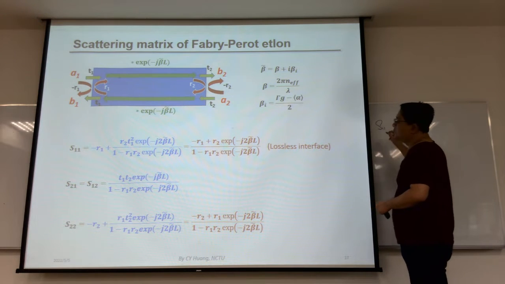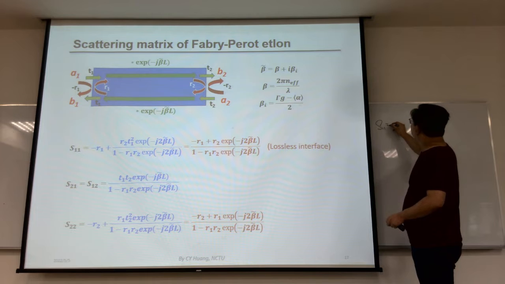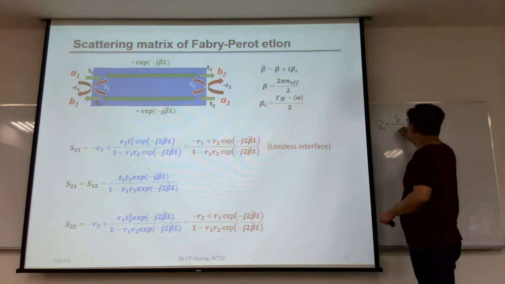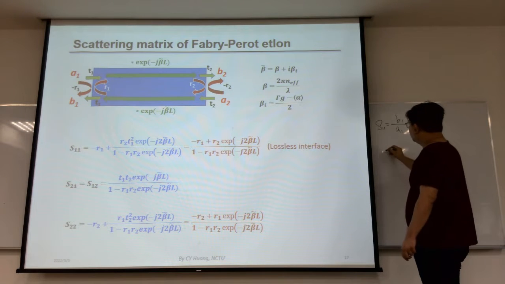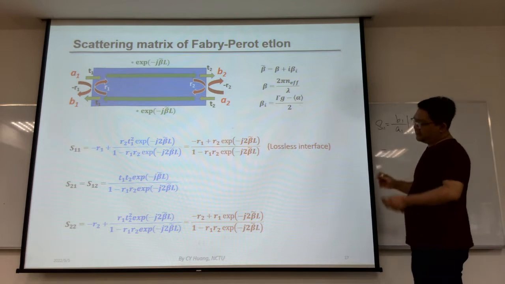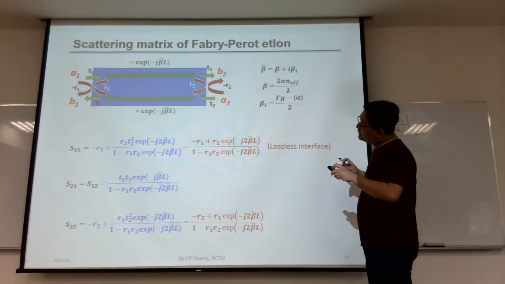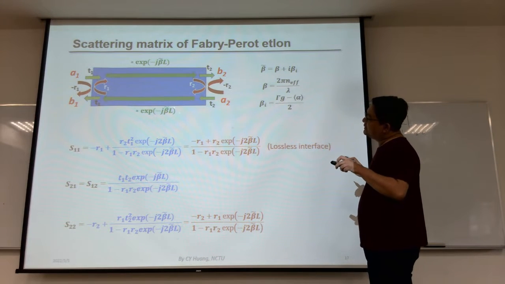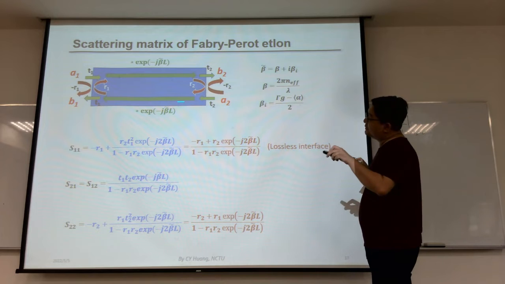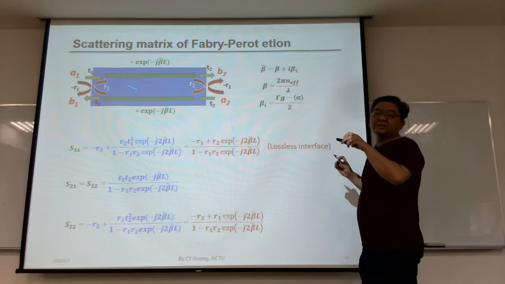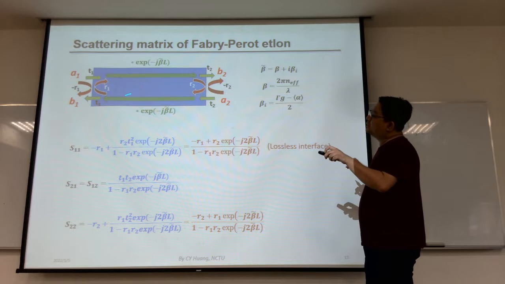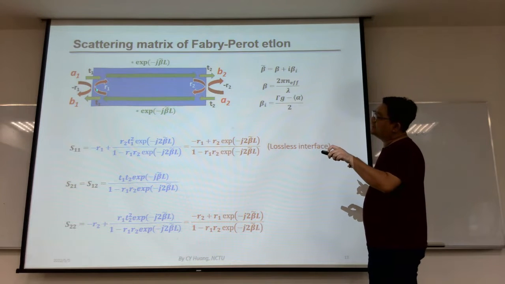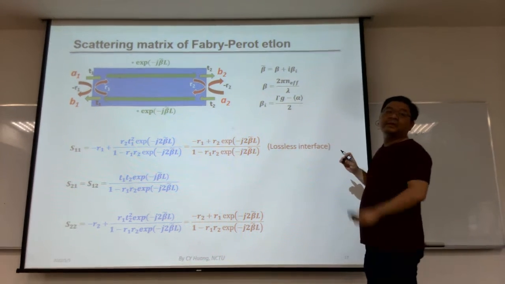We reasonably assume the index in the middle is higher than that on both sides. So N2 is larger than this side, so the reflectivity here is a negative value.